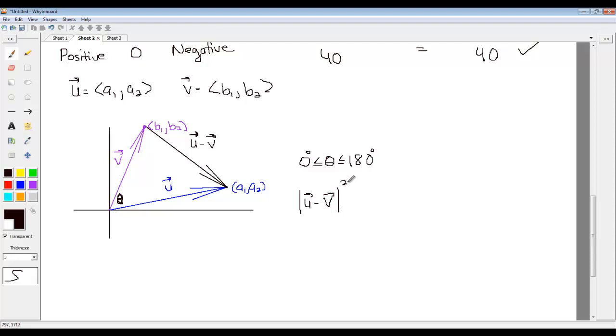That squared, according to the law of cosines, is going to equal magnitude u squared plus magnitude v squared minus 2 times magnitude u times magnitude v times cosine theta. This is all law of cosines.